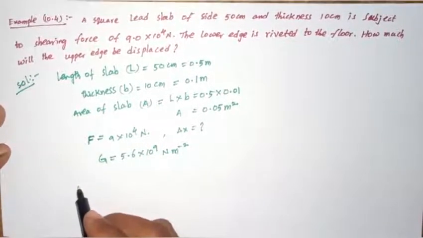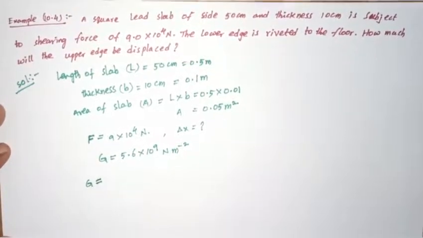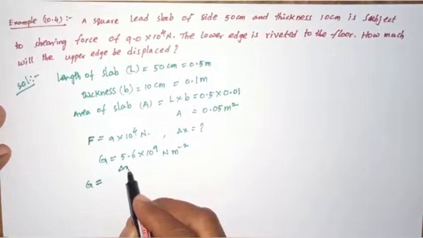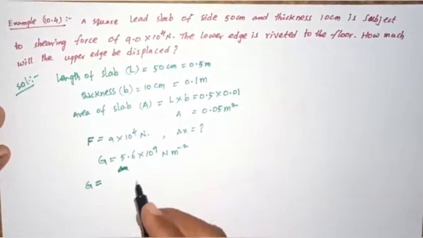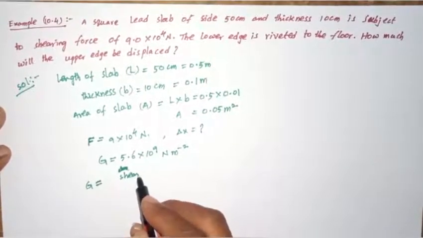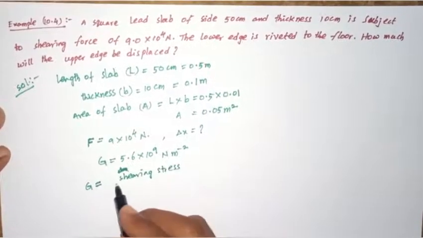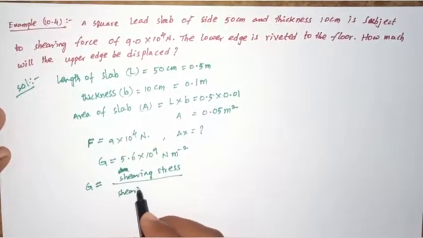Here G is the shearing modulus. What is the equation? Shearing stress divided by shearing strain.